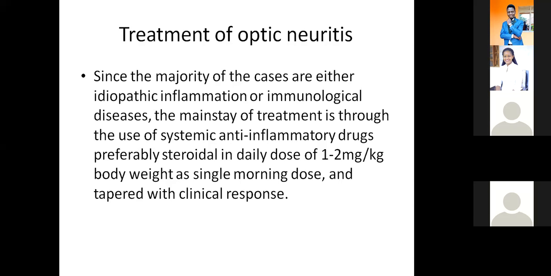You can just go straight and treat the inflammation to prevent damage to the optic nerve. So the mainstay of treatment is the use of systemic anti-inflammatory drugs, preferably steroidal, in a dose of 1 to 2 milligrams per kilogram body weight as a single morning dose, and you taper the dose with clinical response.